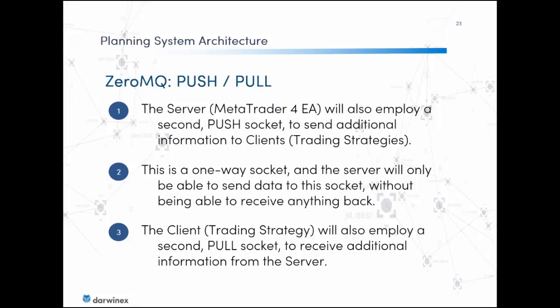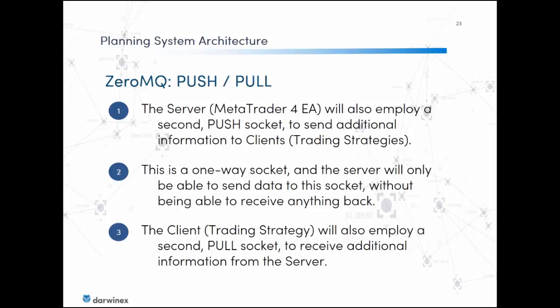The server, the MetaTrader 4 Expert Advisor, will also employ a second push socket to send additional information to clients. In our example here, the clients are the trading strategies. This is a one-way socket, and the server will only be able to send data to this socket, without being able to receive anything back. That's where the non-critical component comes in.